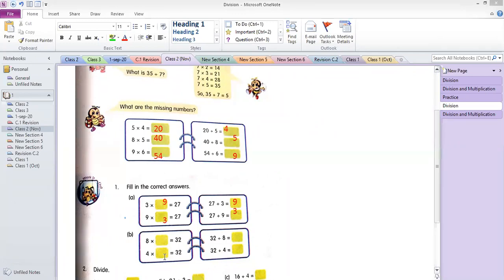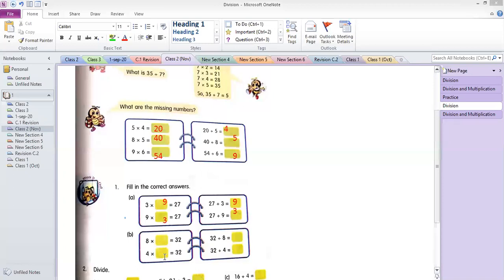Read the table of 4. 4 multiplied by 1 is 4. 4 multiplied by 2 equals 8. 4 multiplied by 3 equals 12. 4 multiplied by 4 equals 16. 4 multiplied by 5 equals 20. You don't know the table of 4.